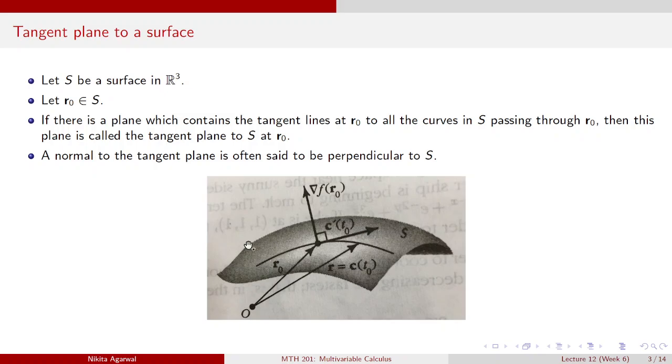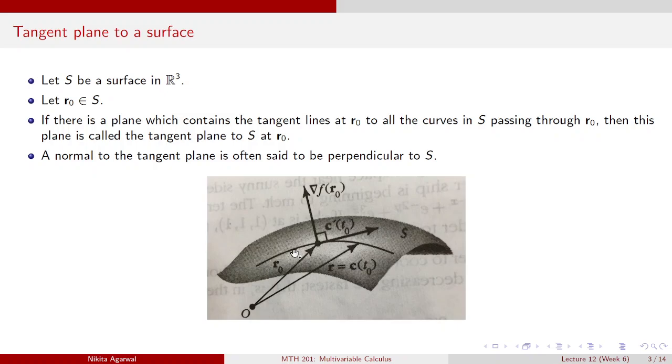So you will have a tangent plane which contains this vector, right? Because tangent plane is the collection of all the tangent lines to all the curves at this point. So now we will show that the gradient of the function at this point is actually perpendicular to this tangent vector.